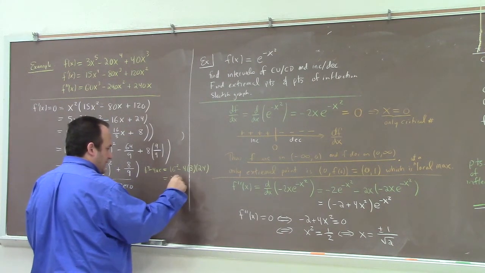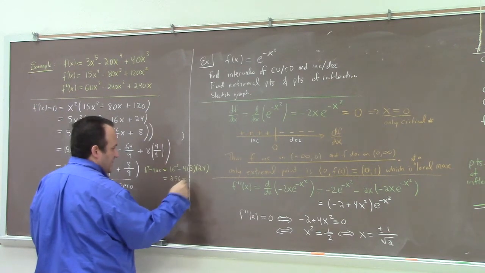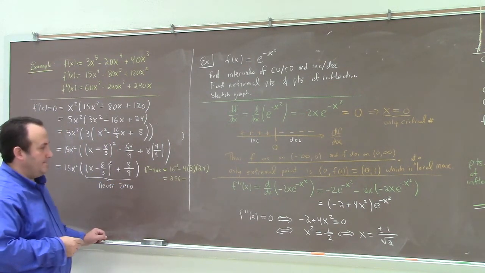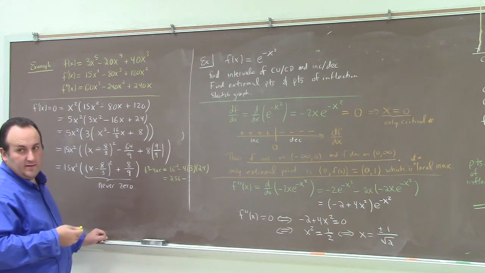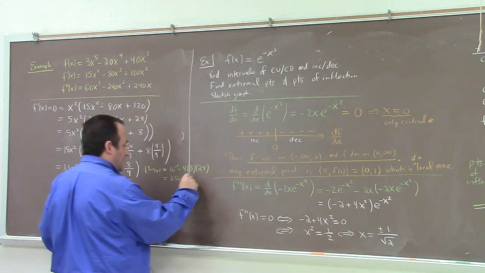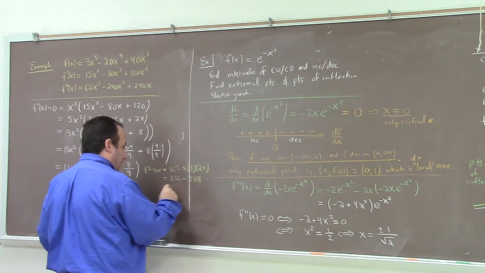So 256 minus 12 times 24, what's 12 times 24? That's 10 times 24, 240, plus 48. Is it 288? Yeah, 288. So the point is, you'd get a negative.